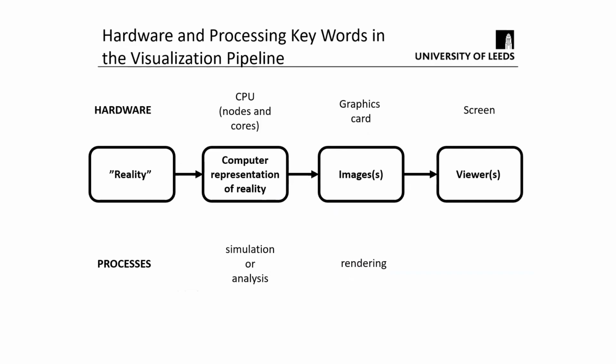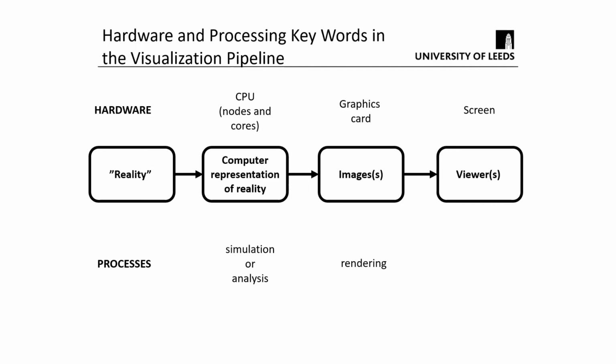And it has certain key terms, which is why I've written this out. So if you're looking through the ParaView documentation or otherwise, this is the area that you'll look. So at the top of the pipeline, we've got the hardware, and at the bottom, we've got the processes. So the computer representation, the numerical methods are run on a computer, like a supercomputer or your desktop CPU. The images generally are much quicker when they're created in hardware.